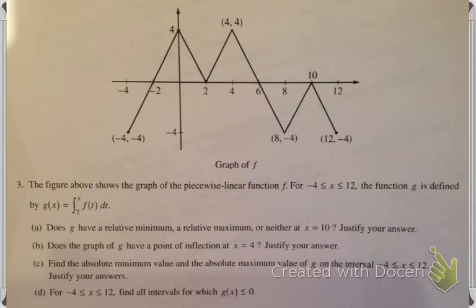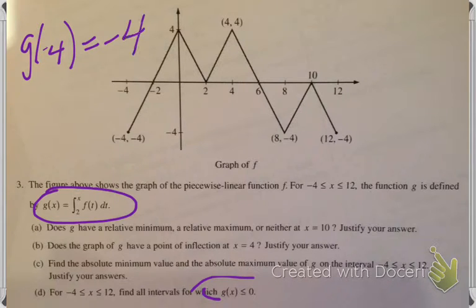Okay, so the question is, when is g of x less than or equal to 0? So g of x is this thing right here, and so when is that going to be less than or equal to 0? If we go back to the previous problem, when we did g of negative 4, that was one of the values that we tried: g of negative 4 equaled negative 4.